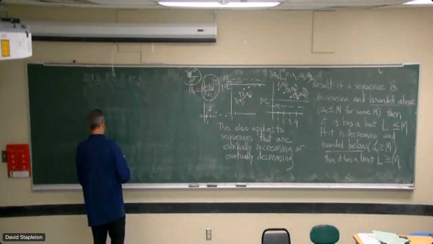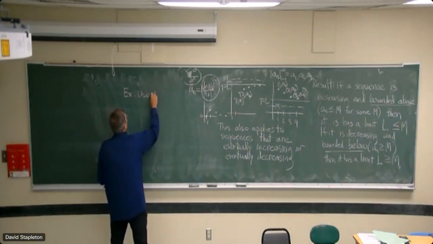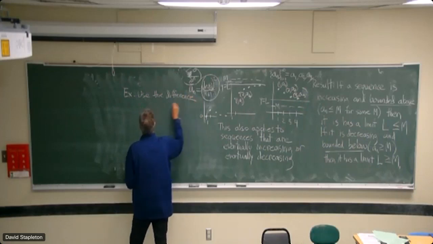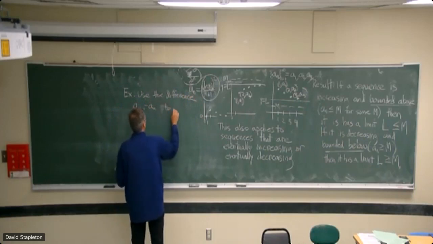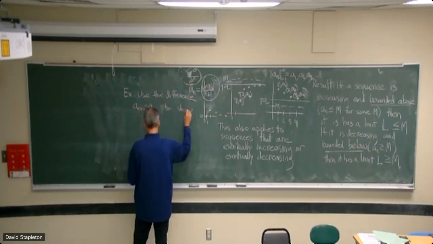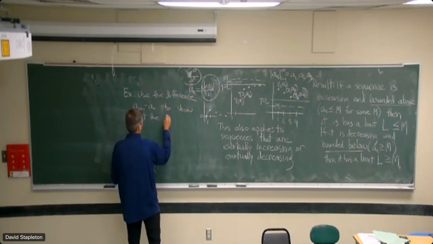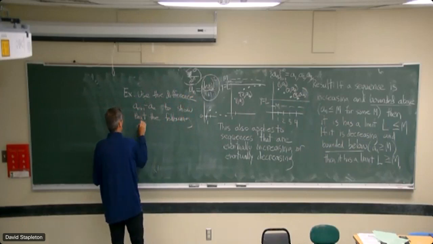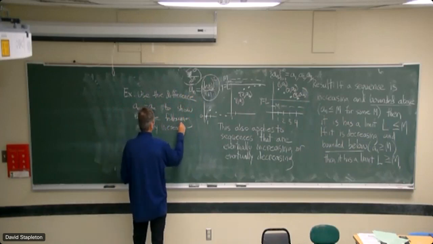There are three different methods here, and the first one is to use the difference of successive terms, a_{n+1} minus a_n, to show that the following are strictly monotone, strictly increasing or decreasing. That's one way to compare: look at the difference of successive terms.